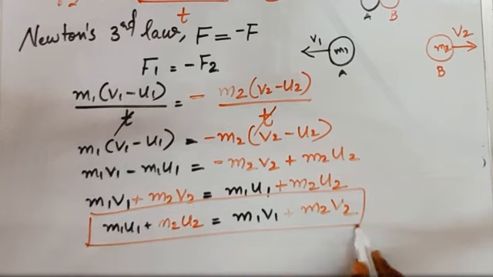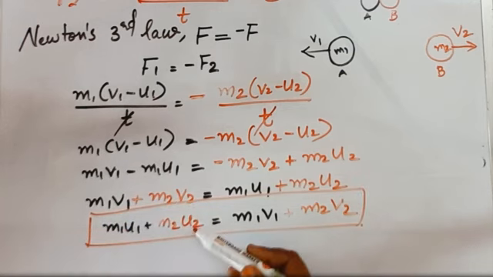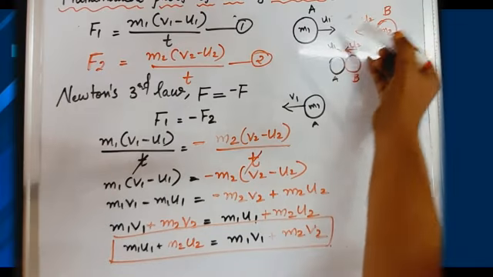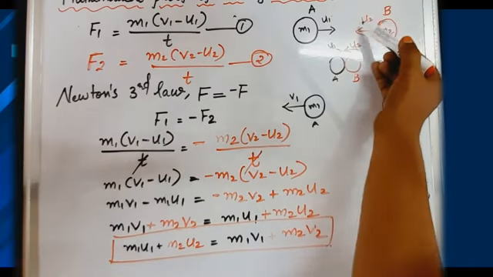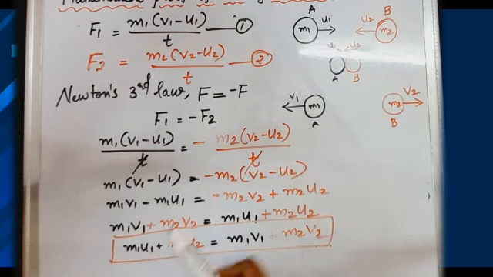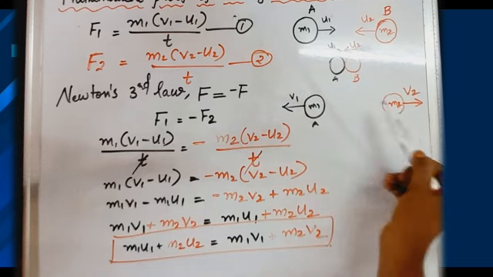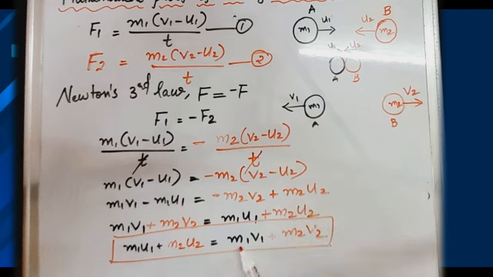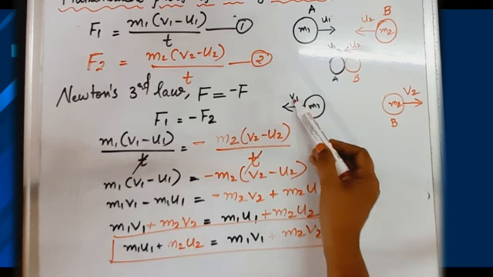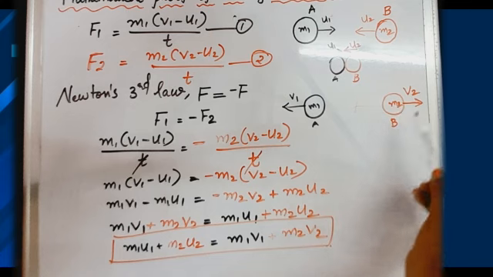From this we can understand that this is the proof. The total momentum before collision, M1 U1 plus M2 U2, is equal to the total momentum after collision, that is M1 V1 plus M2 V2.